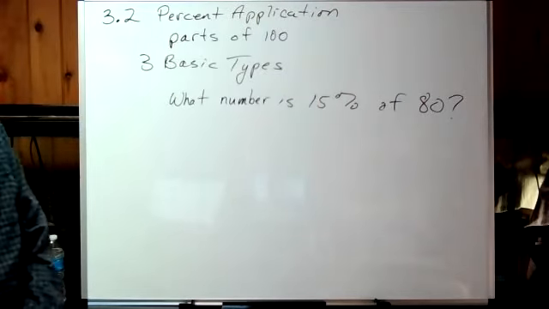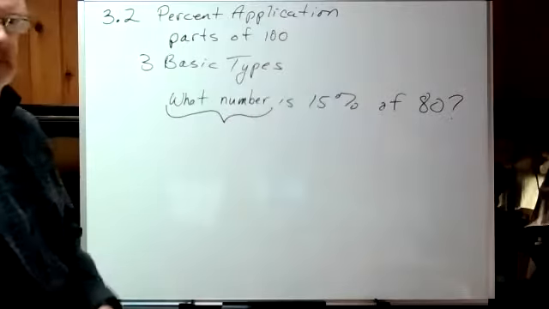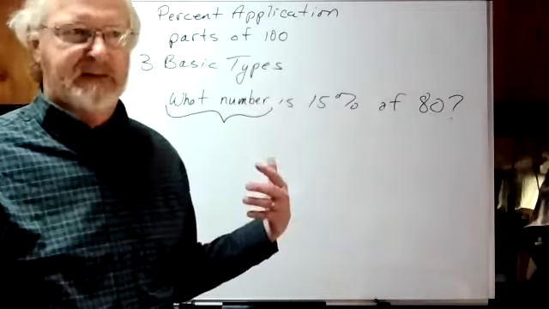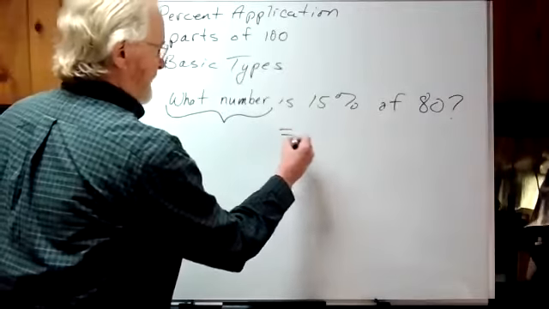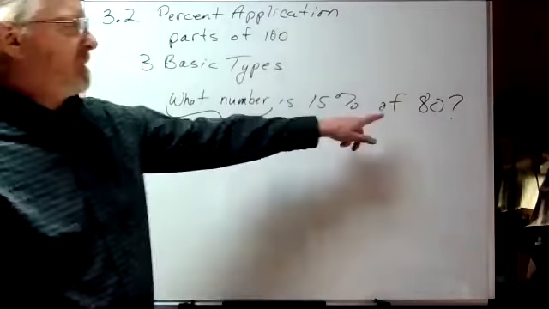In these basic percent problems, there are three quantities. What number, oh, there's our variable, right? We're going to use that translation that we've been trying to practice already. And that'll be our equal sign. Here's our unknown. Of always means multiply.